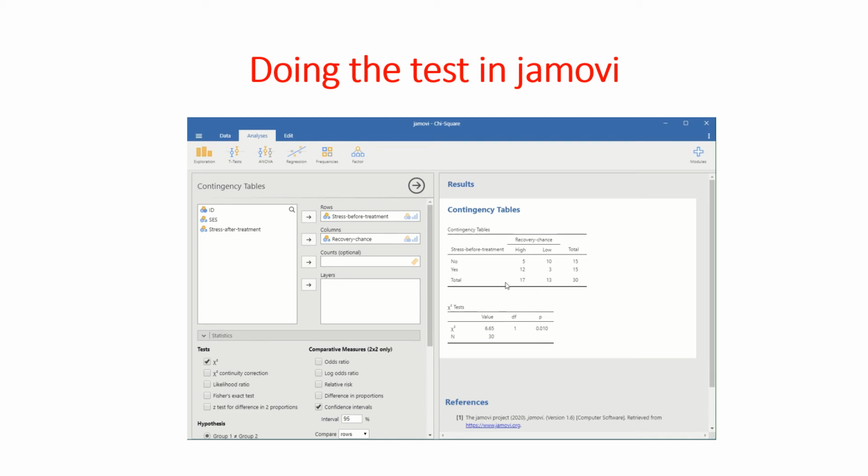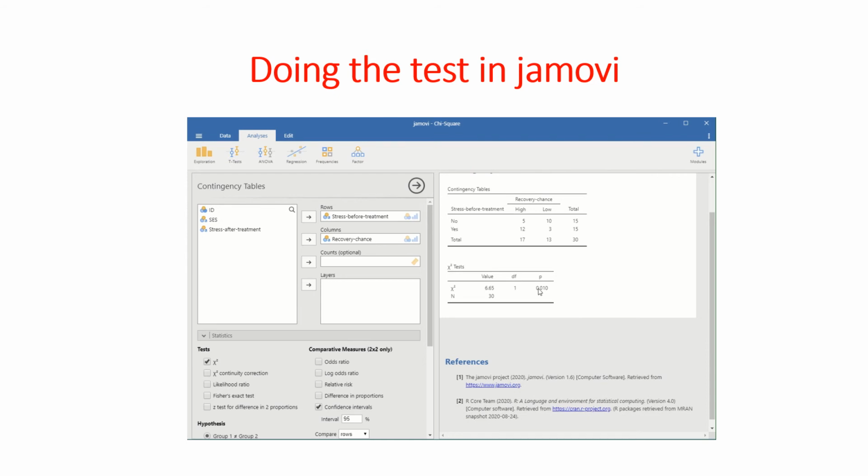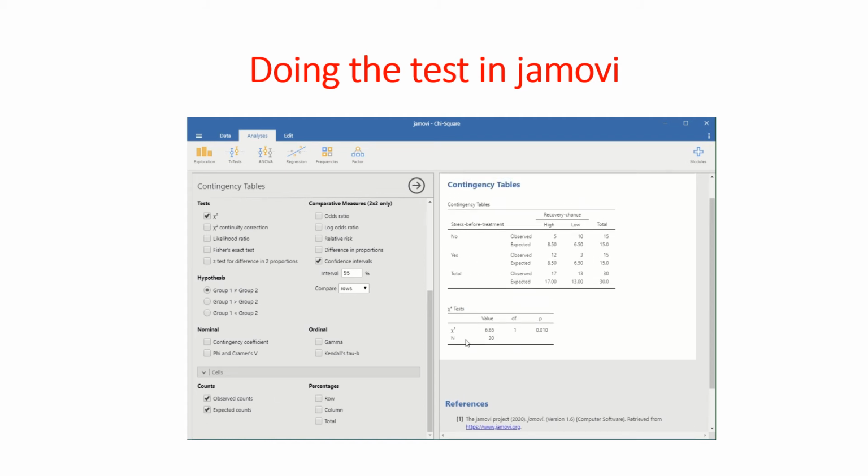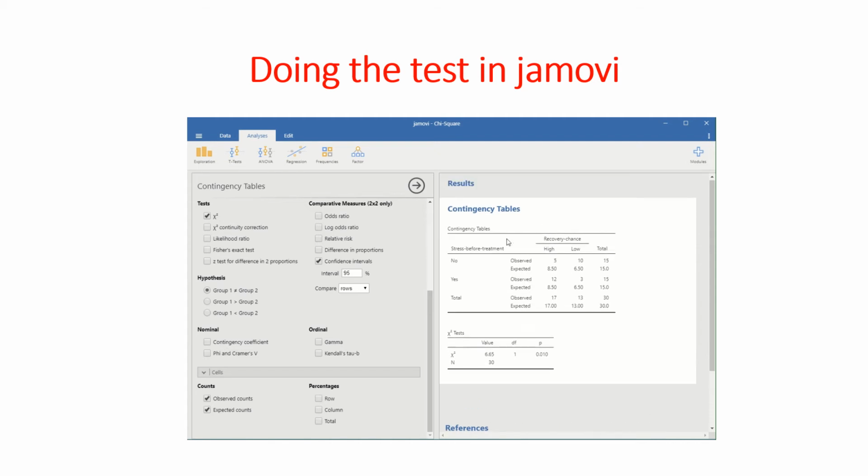Before that, I think we need to click on expected counts as well so that we could see the observed values and the expected values next to each other. So this is the contingency table. We first have a look at the contingency table. We'll look at the expected values and observed values across the cells. These are called cells. So we see some differences.